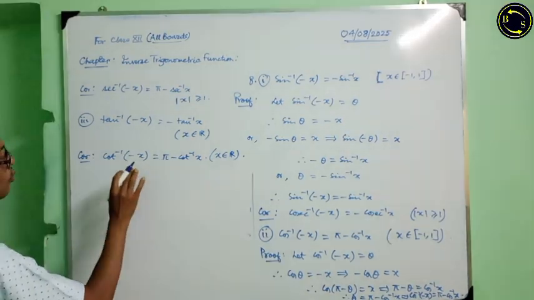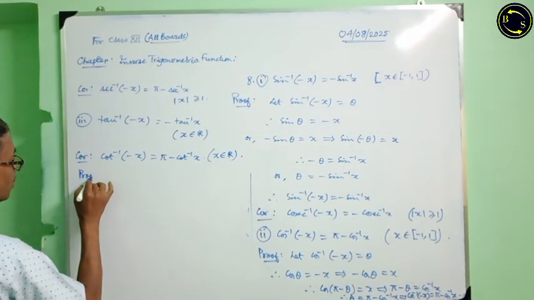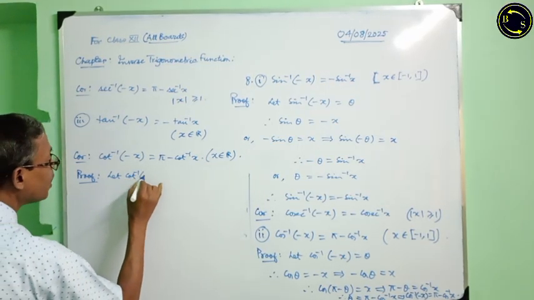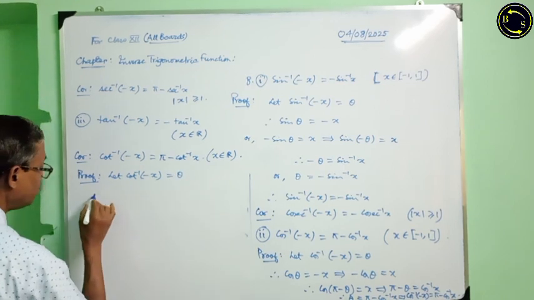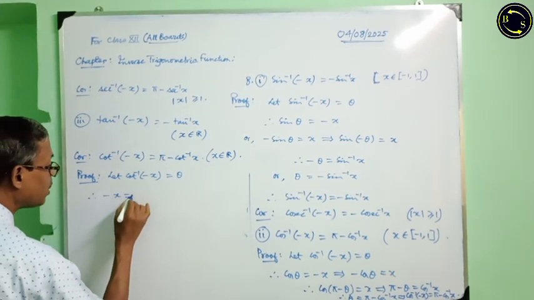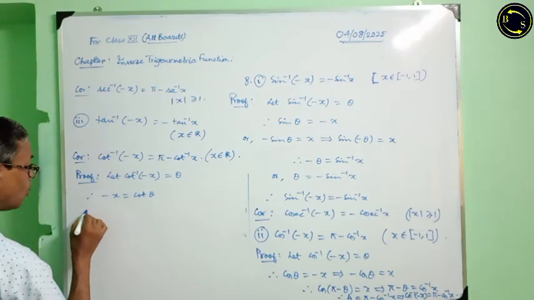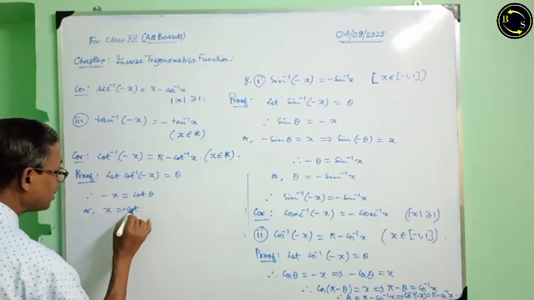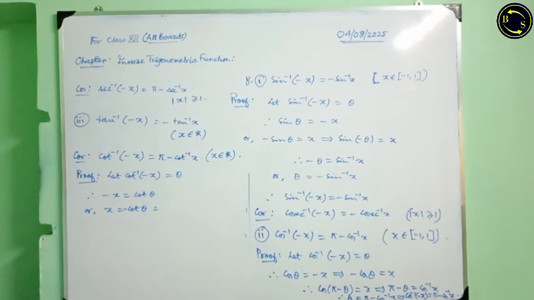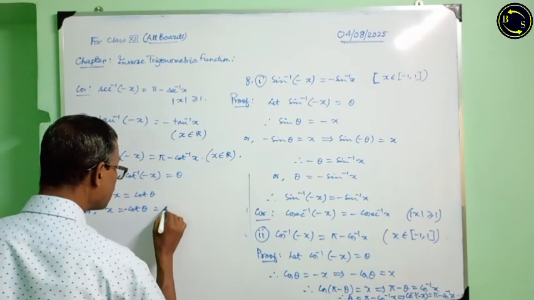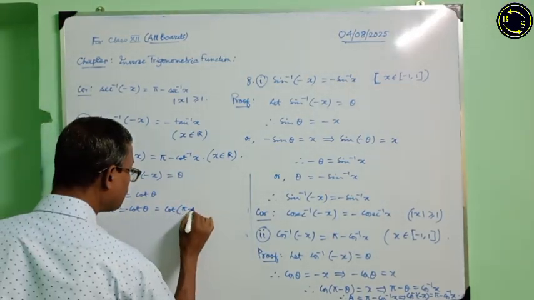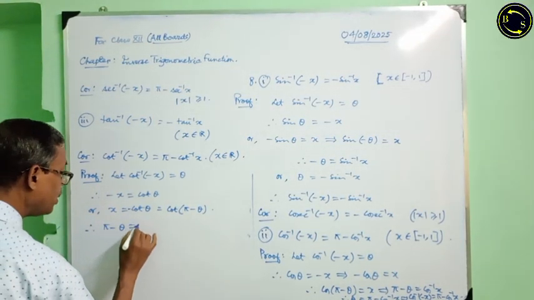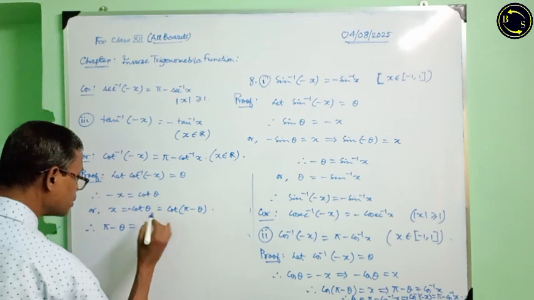I show the proof here. Let cot inverse of minus x equal to theta. Therefore, minus x equal to cot theta, or x equal to minus cot theta, and this is cot of pi minus theta. Therefore, pi minus theta equal to cot inverse x.